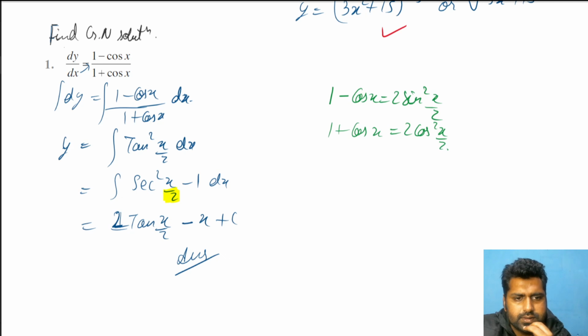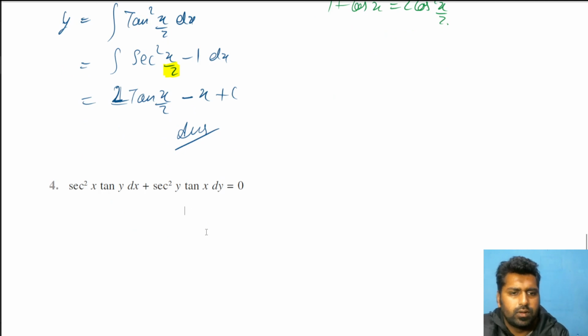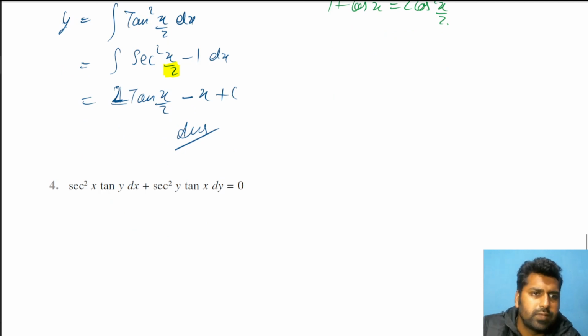Let's look at this. So separating variables is very simple as such, because all you have to do is separate them and integrate effectively. So they are more about integration rather than solving differential equations.